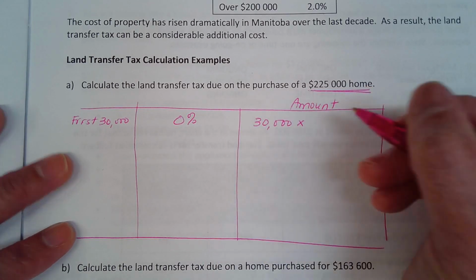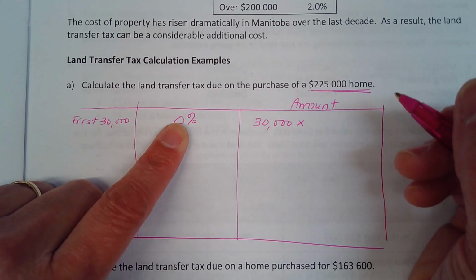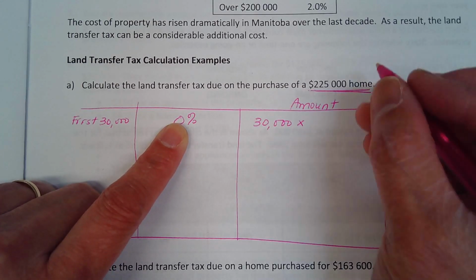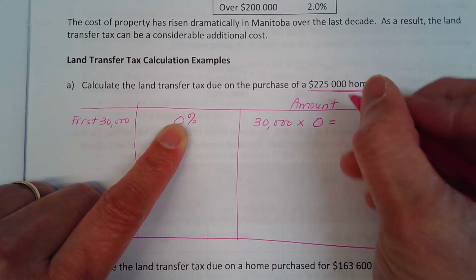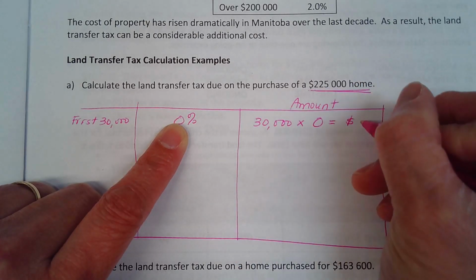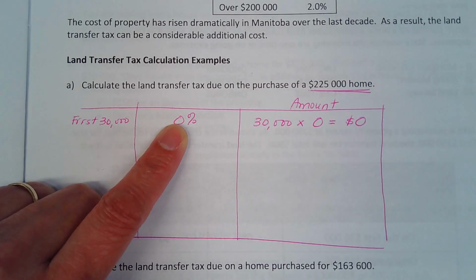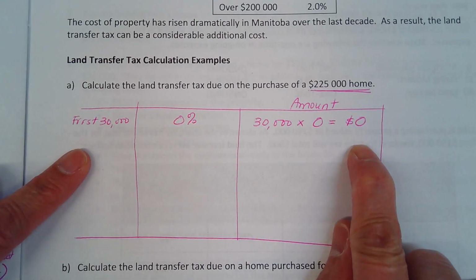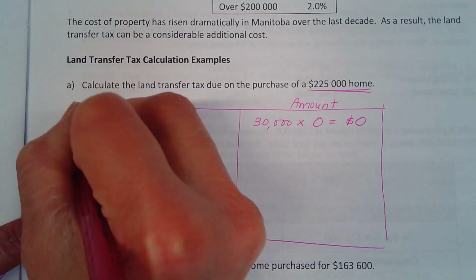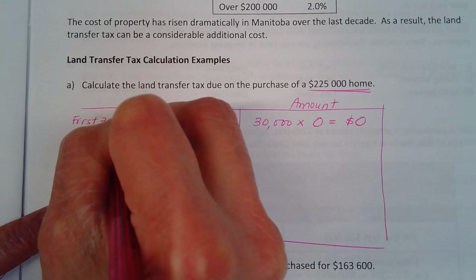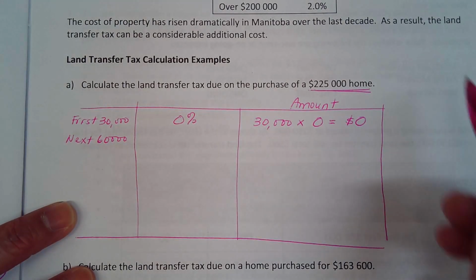Times 0% means 0 divided by 100 is 0. So 30,000 times 0 is 0. Okay, next one. The next 60,000. What percent is that?